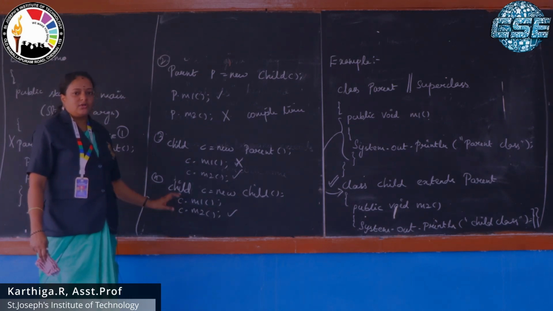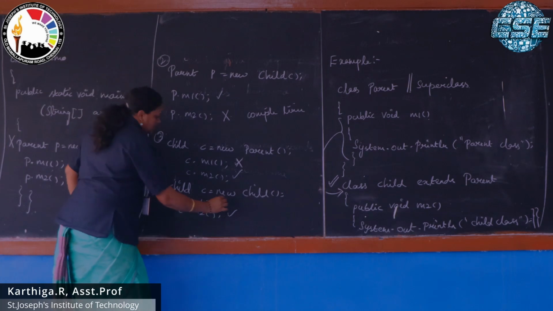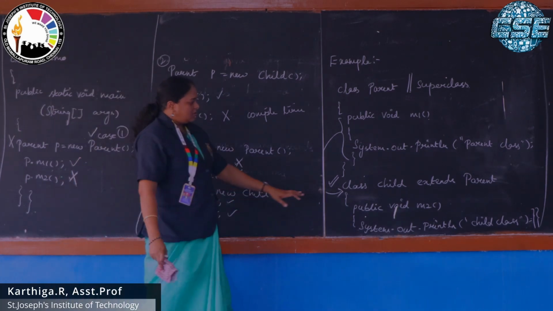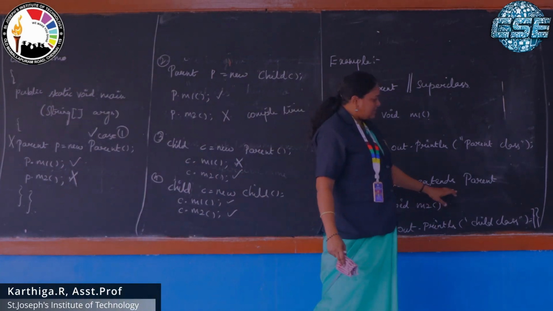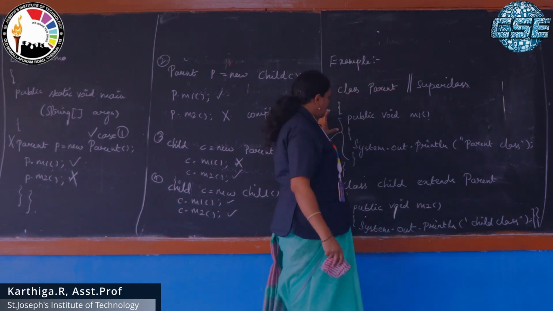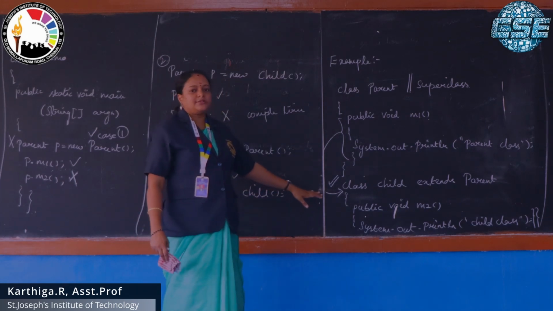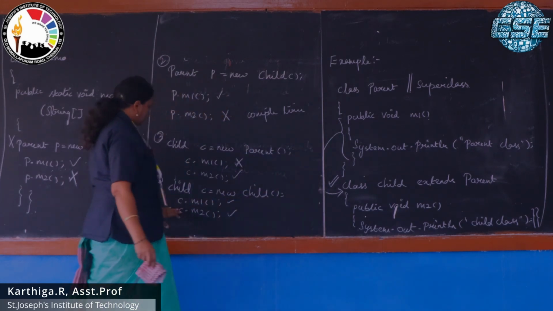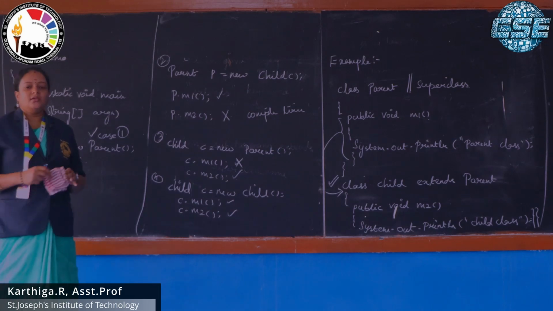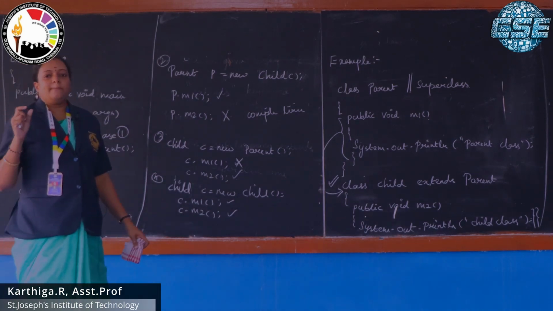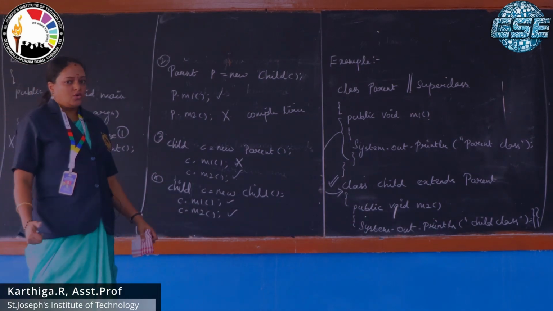Can we access it or not? Yes, we can access it, because here class child extends parent. The data members and variables declared in the parent class can be accessed by the child class. As I told earlier, code reusability is the main objective of inheritance.